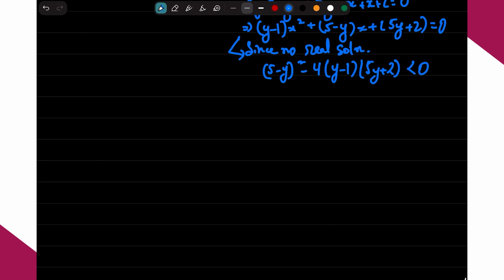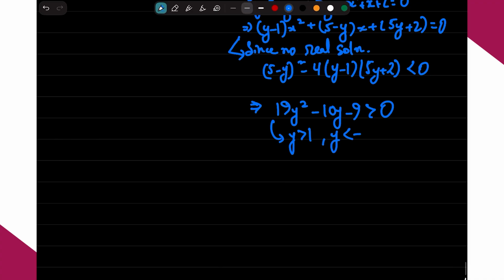Now, luckily, just to save time for the video, this is already solved in the book. It's 19y squared minus 10y minus 9 is greater than or equal to 0. That means this proves that y is greater than 1 and y is less than minus 9 over 19.